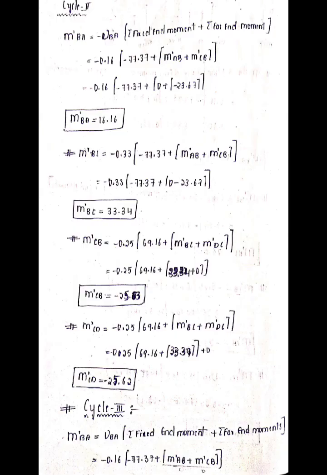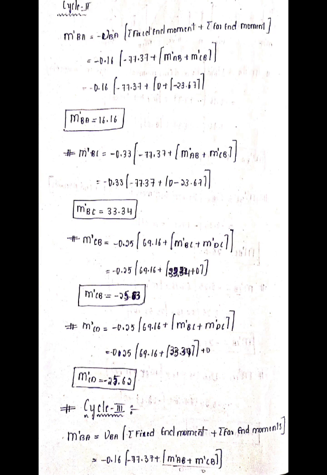Now this is the second iteration, cycle 2. In the same way we can calculate M dash BA, M dash BC, M dash CB, M dash CD. But the important point we need to remember is that we need to take the values of the previous iteration. That means the values we got in cycle 1 are the ones we take while calculating sigma far end moments, M dash AB, M dash CD, you can see here.